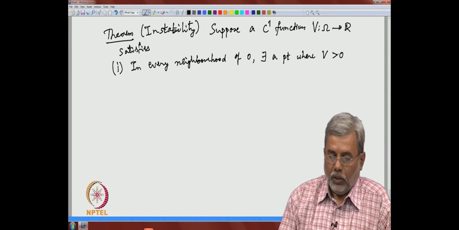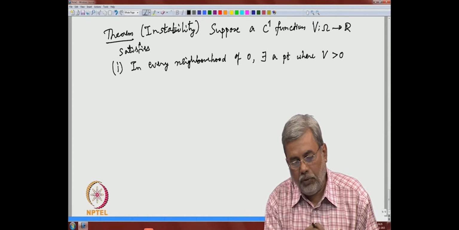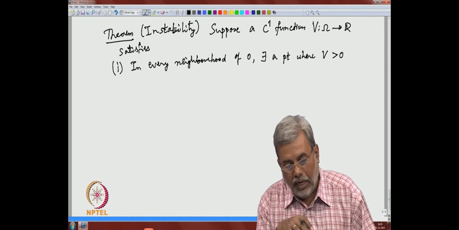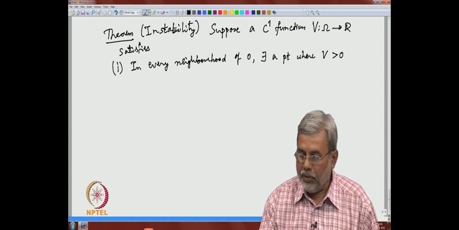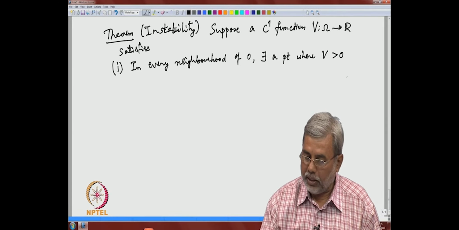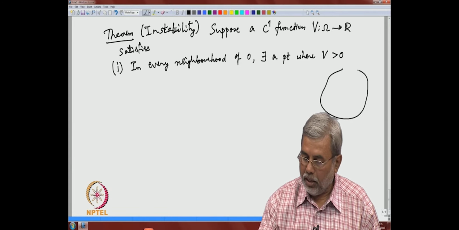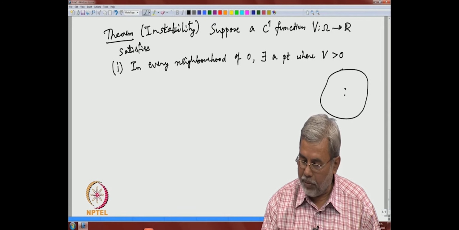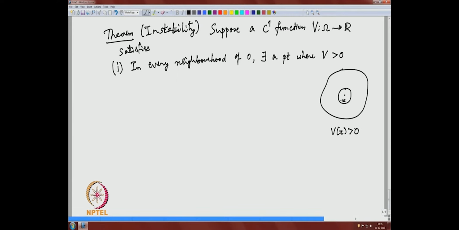I am not requiring v to be positive in the entire neighborhood, but in every neighborhood there is some point, call it x, where v of x is positive. I am not requiring that v be positive everywhere in that neighborhood.